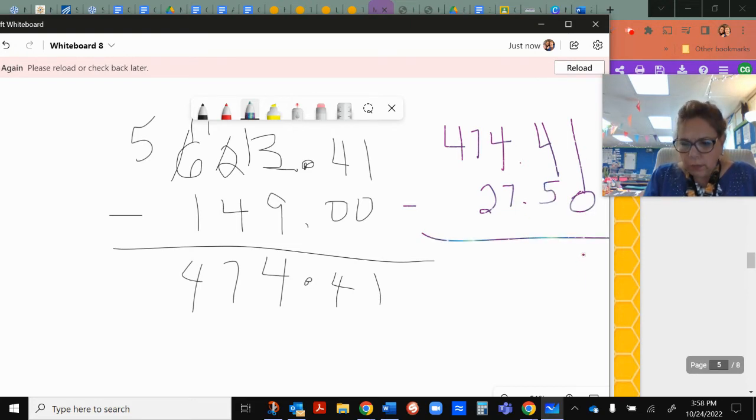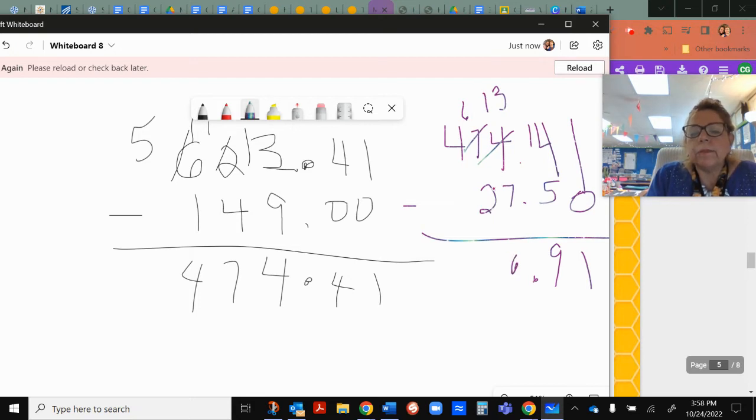1 minus 0 equals 1. Can't take 4 from 5. I need to regroup. That becomes a 3. So 5 from 14 is 9. Very good. Can't take 7 from 3. I need to regroup. This becomes a 6. And now it's a 13.